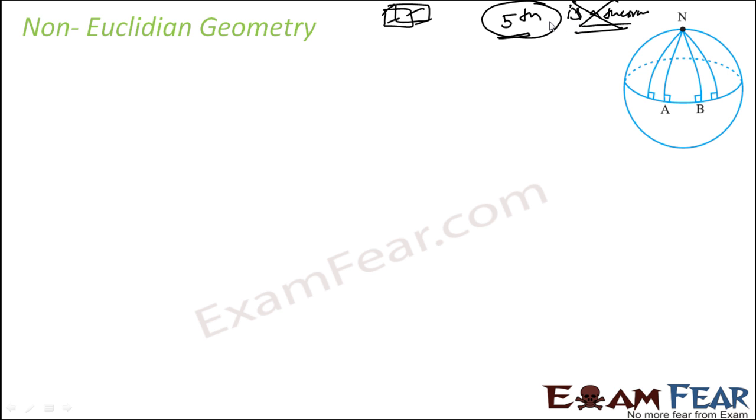But these efforts actually led to great achievements in the creation of several other geometries. These geometries are different from Euclidean geometry, and they are called non-Euclidean geometry. And these were created very recently.